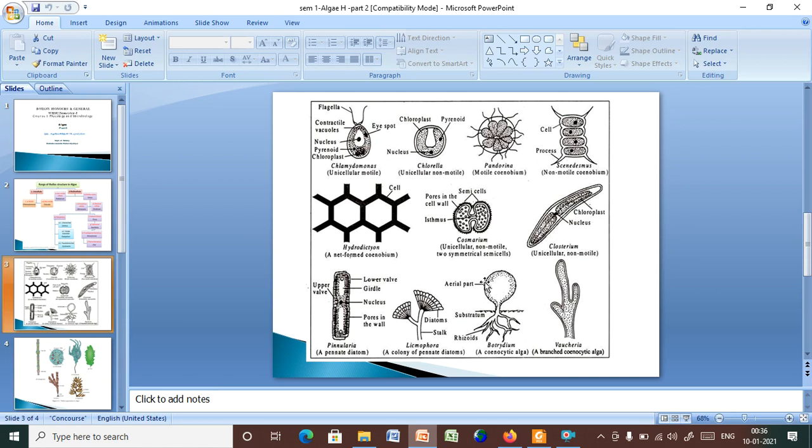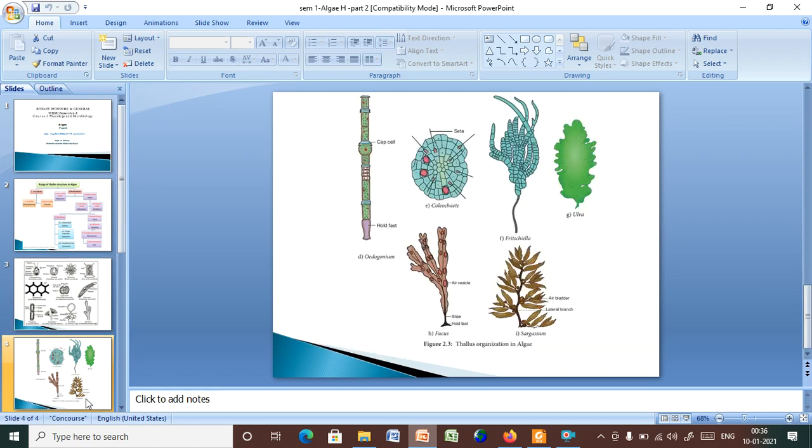Next, the heterotrichous type, that consists of a prostrate and an erect system. In this type, the plant body is differentiated into a prostrate system, which is completely creeping, and an erect or standing system consisting of one or more branched filaments.